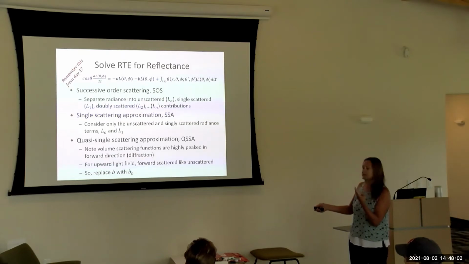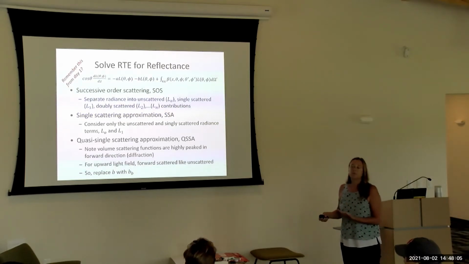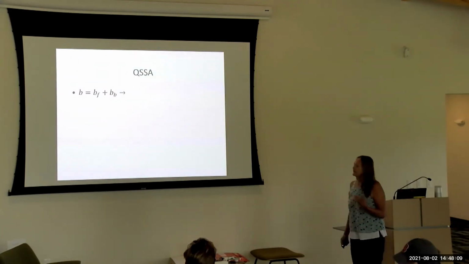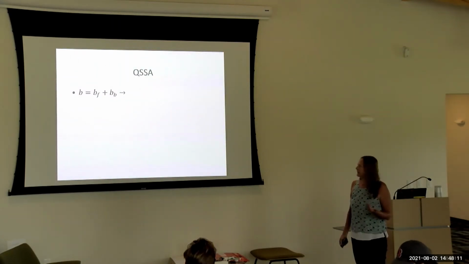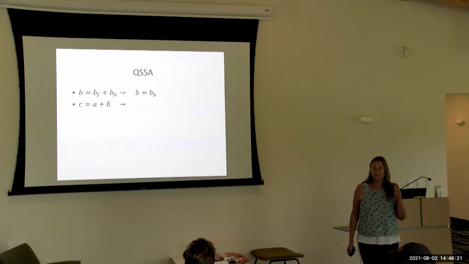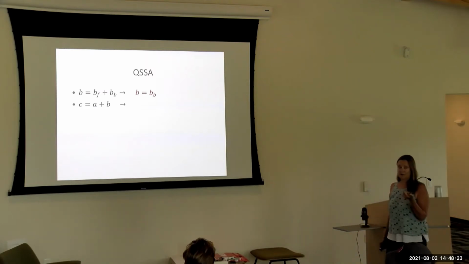And then the second is you're missing multiply scattered forward light. So that means that scattering, which is forward plus backscattering, gets replaced by backscattering. That means that attenuation in the radiative transfer equation is replaced by what?